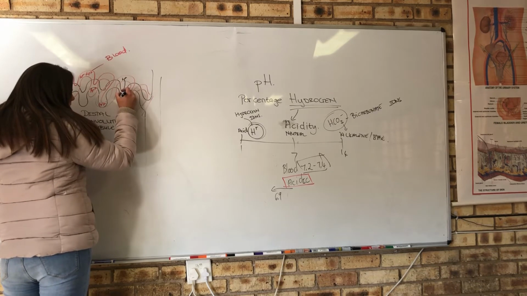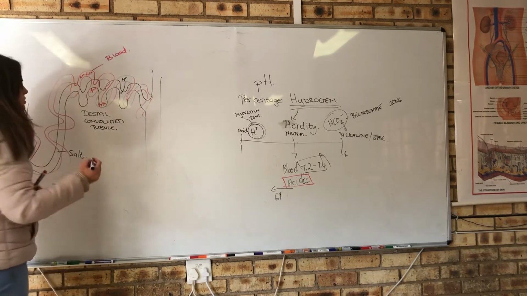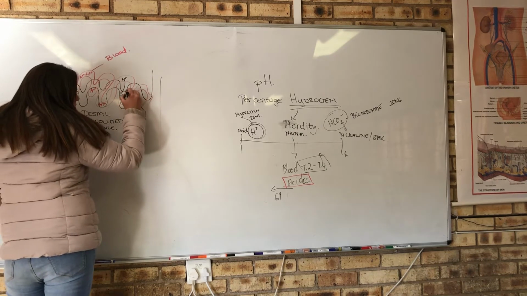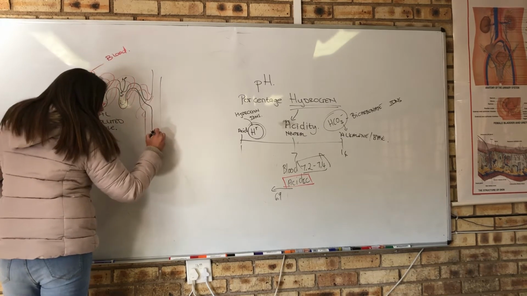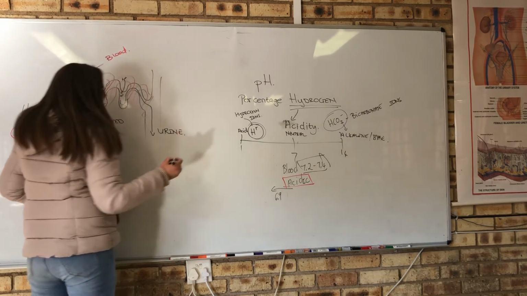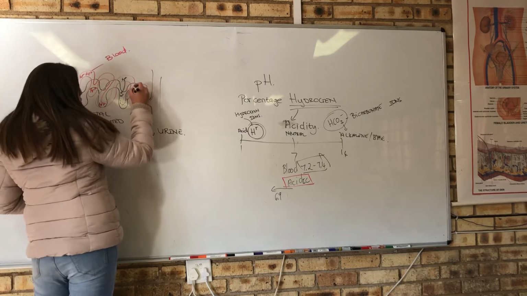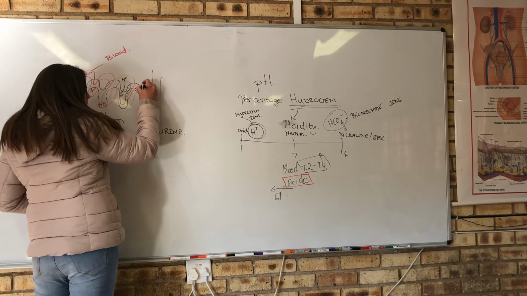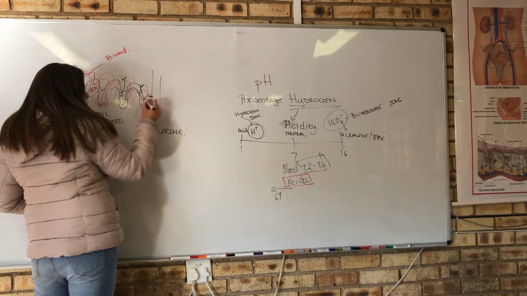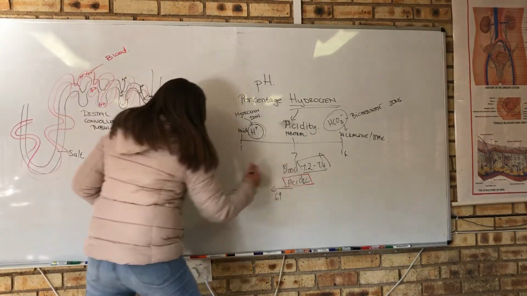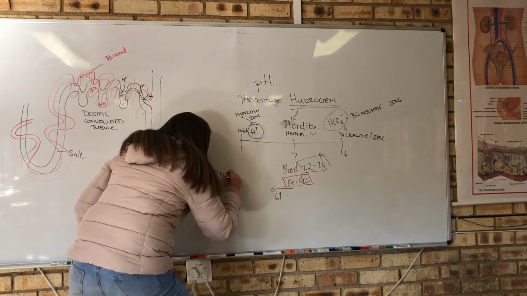We force it out of the blood into the tubules. Because remember, once it's in these tubules, you can see where it's going. It's going to be lost in the urine, excreted, eliminated. So we want to excrete the hydrogen ions from the blood and eliminate them in the urine.